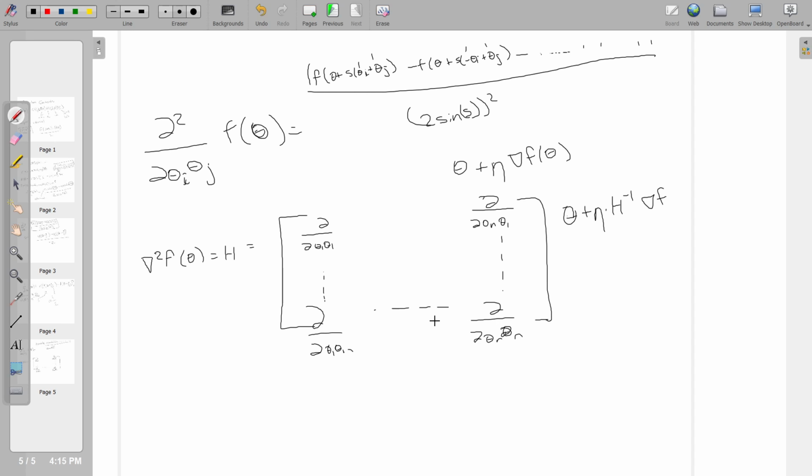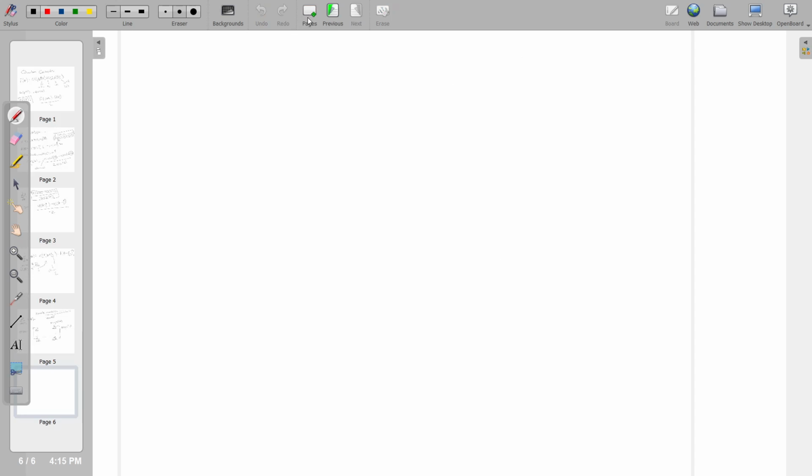And so the last thing I wanted to discuss is the Fubini-Study metric, which is sort of analogous to quantum Fisher information.